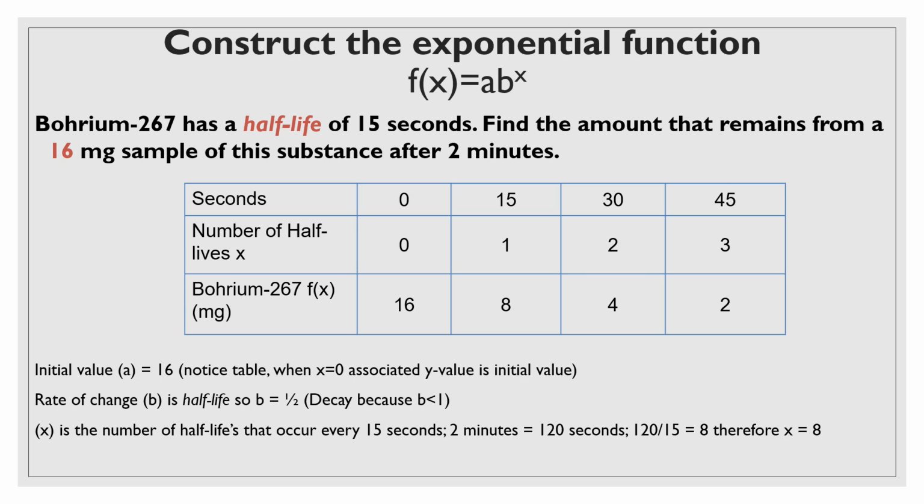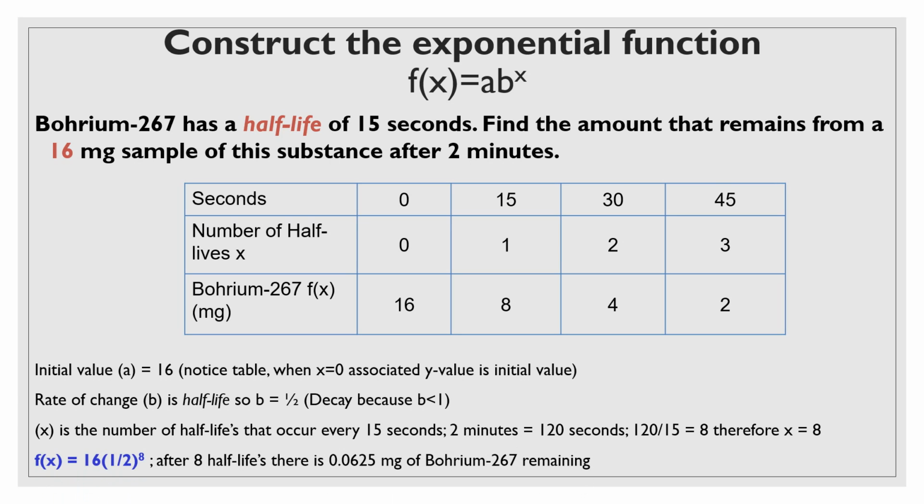Since in 2 minutes we have 120 seconds, we have to divide 120 by 15, and therefore the number of intervals is 8. Therefore, our x is 8.